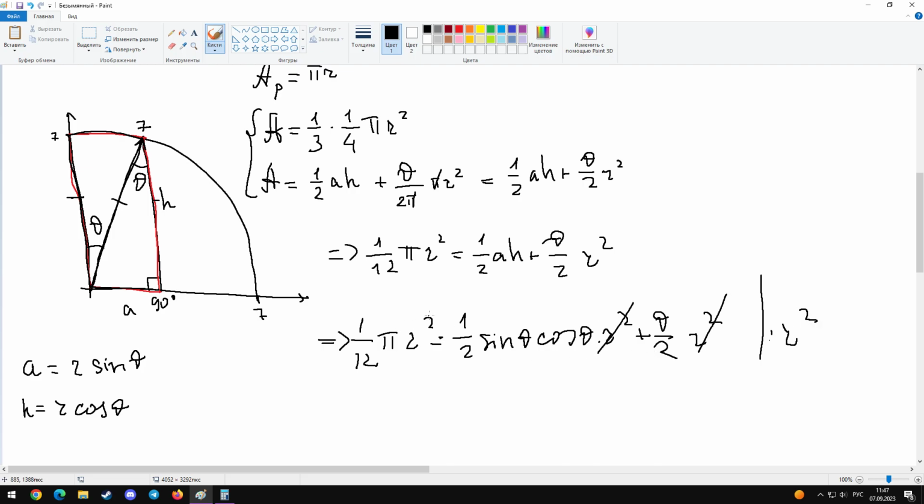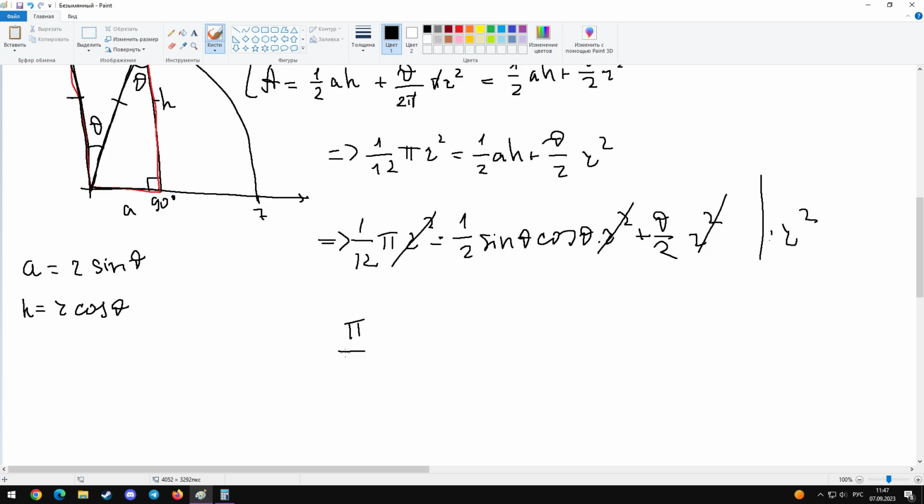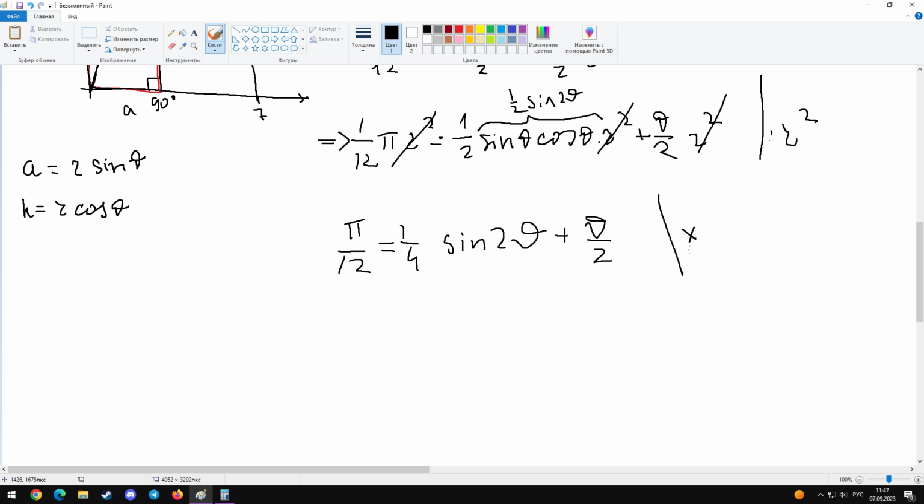It cancels out. We have pi over 12 equals, actually that's 1/2 times sine of 2 theta, so 1/4 times sine of 2 theta plus theta over 2, and that's all. We can multiply it by 4 and get pi over 3 equals sine of 2 theta plus 2 theta.